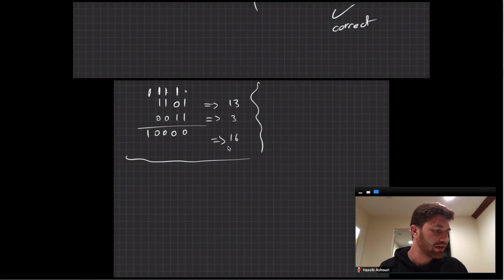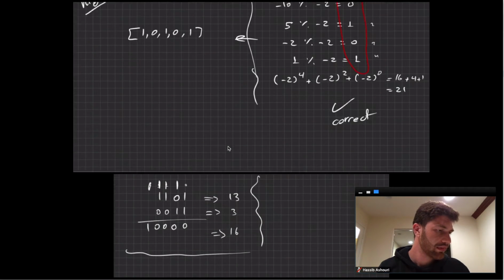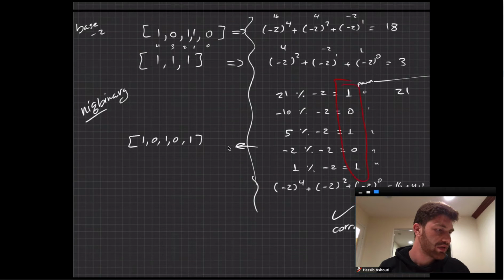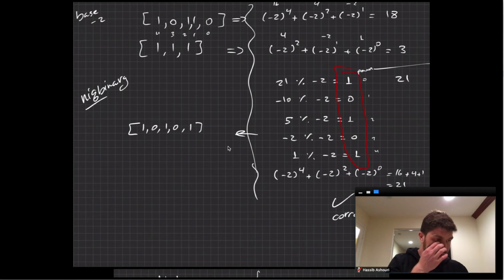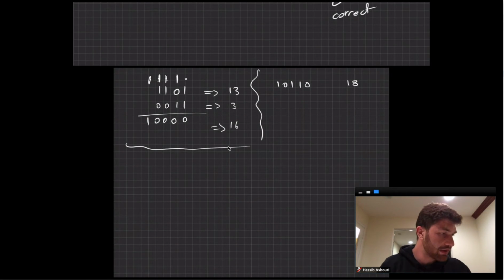I have 18 as 10110, and that's 18. Then I had 11111, and their addition came out to 21.